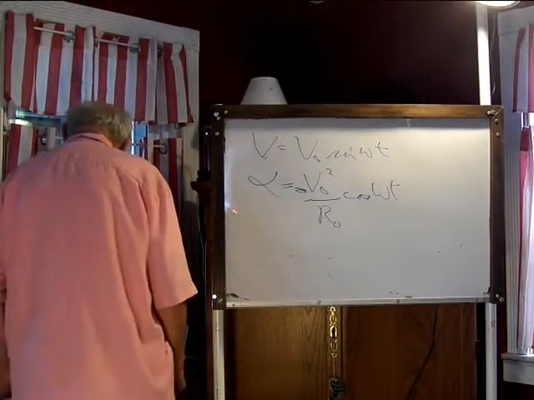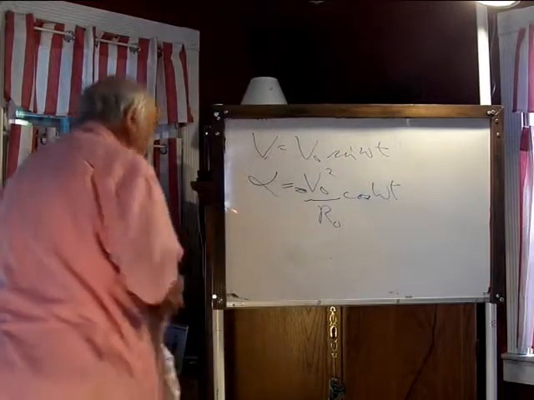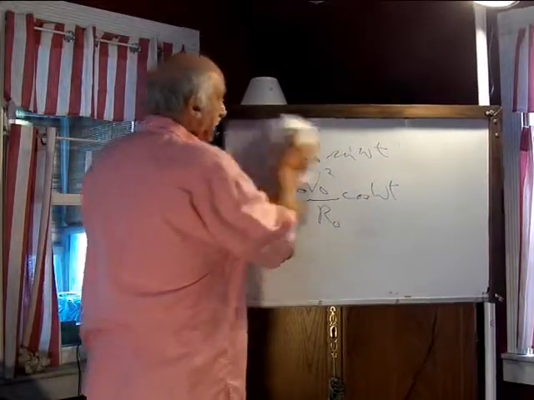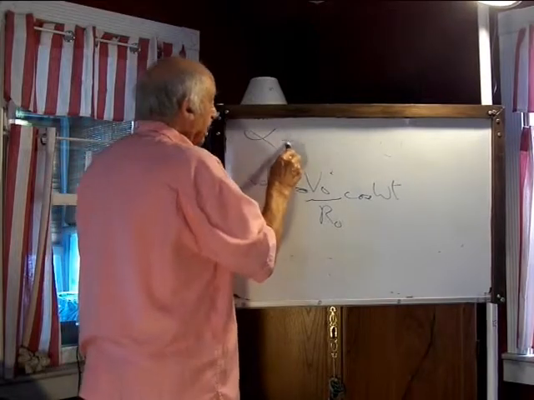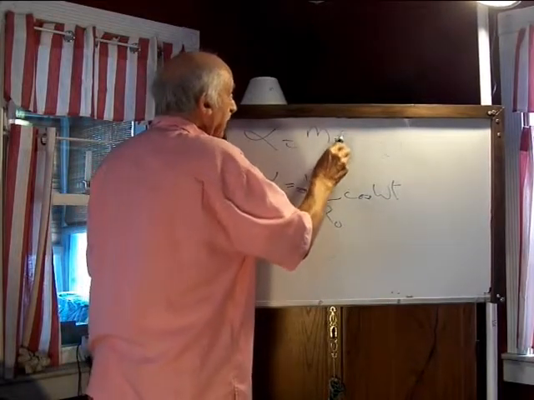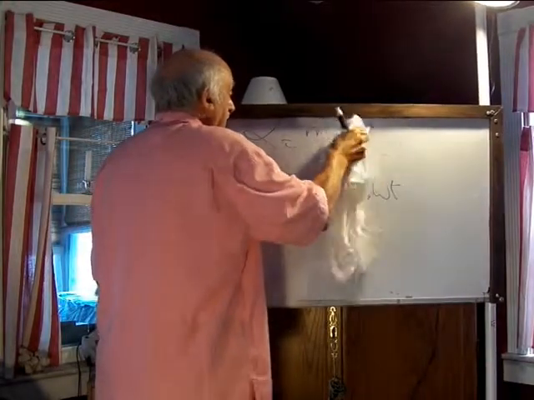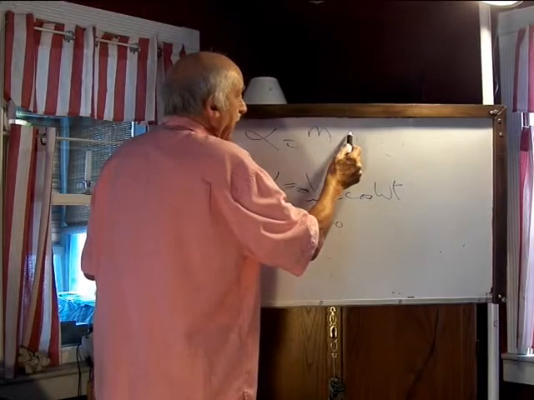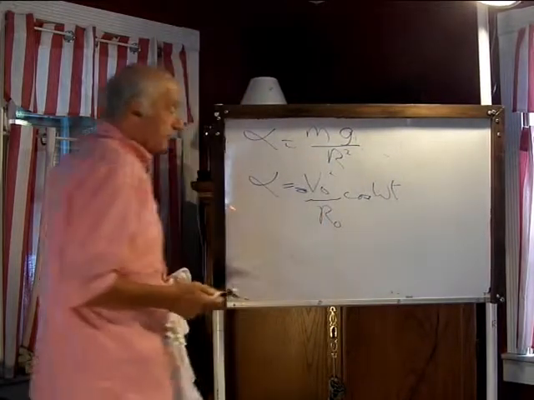His equation, as you may remember, is that acceleration is equal to the mass of the two bodies, the mass of the Earth in the case of the Earth, times the universal gravity constant over R squared.